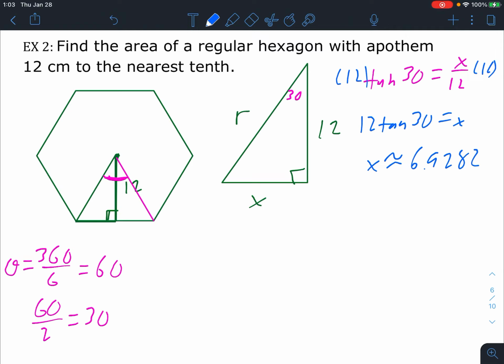Remember, we need to get the apothem and the perimeter. We have the apothem. It's 12. We don't have the perimeter, but we now know this is 6.9282. If we multiply that by 2, that'll give us the length of one side. So our side length is 13.8564.